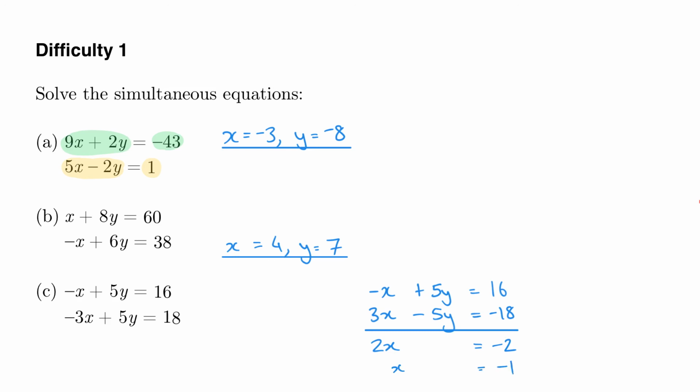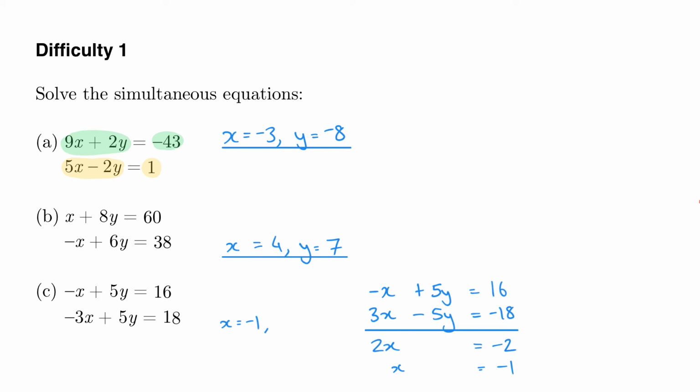So, we've got the first part of our solution. We know x equals -1. To find the value of y, we need to substitute that in to one of these equations. Let's substitute it into the second one.